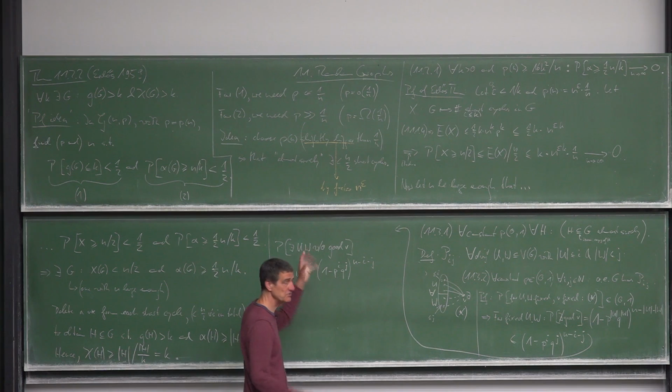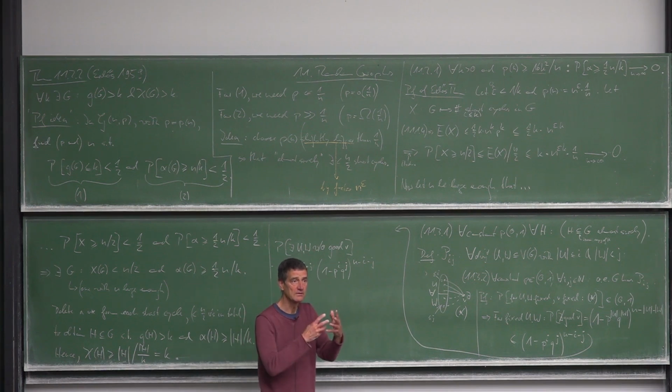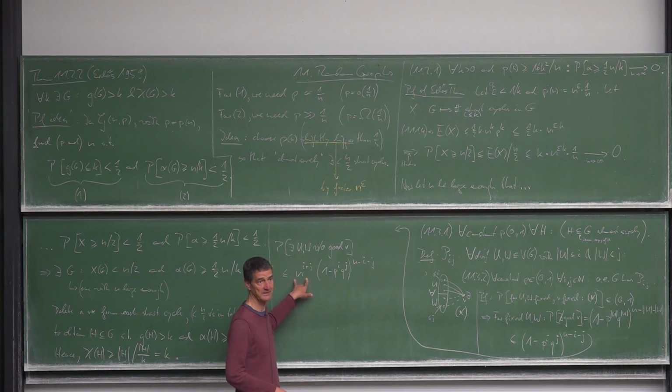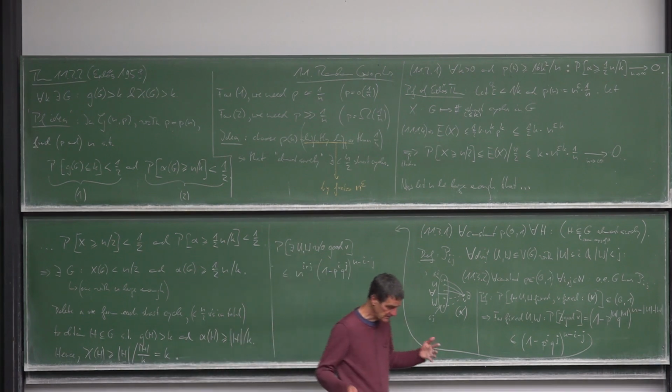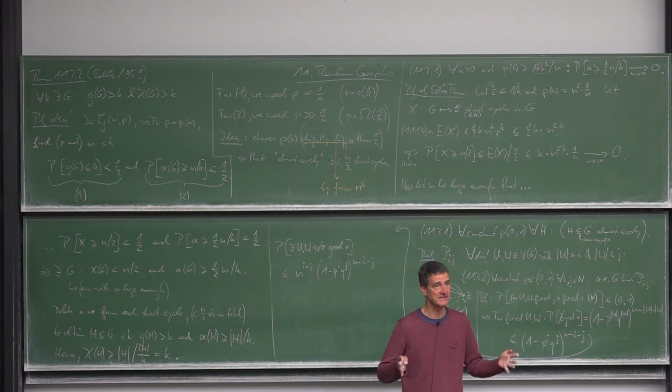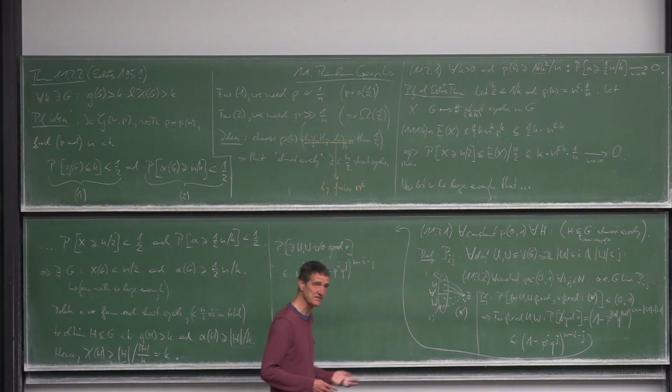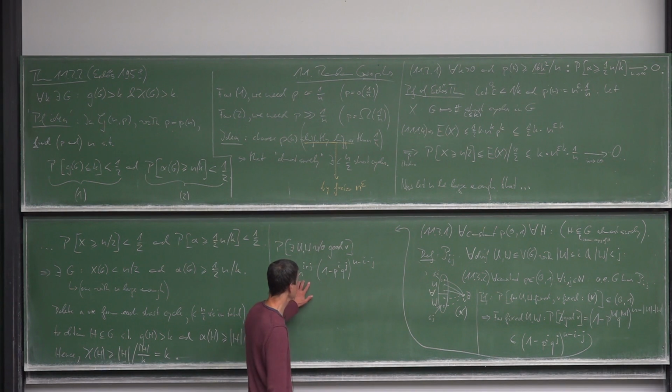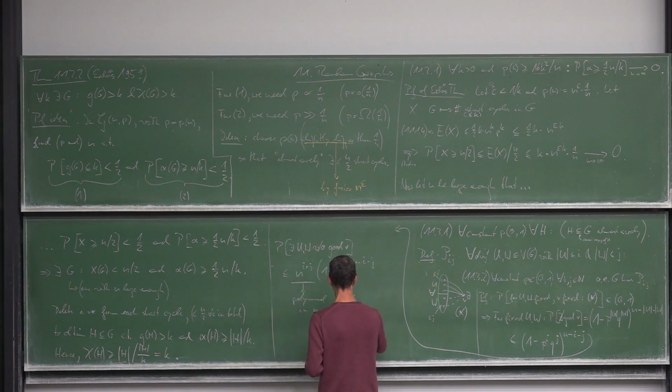Now, these U and W's, these pairs, they may overlap. So this is a generous upper bound, right? We're summing over the probabilities that one of them fails, and we can sum over disjoint sets using additivity, and these sets are not disjoint, but that's even worse. So that's certainly a valid upper bound. And now this is a polynomial in n, and this is exponential in n.